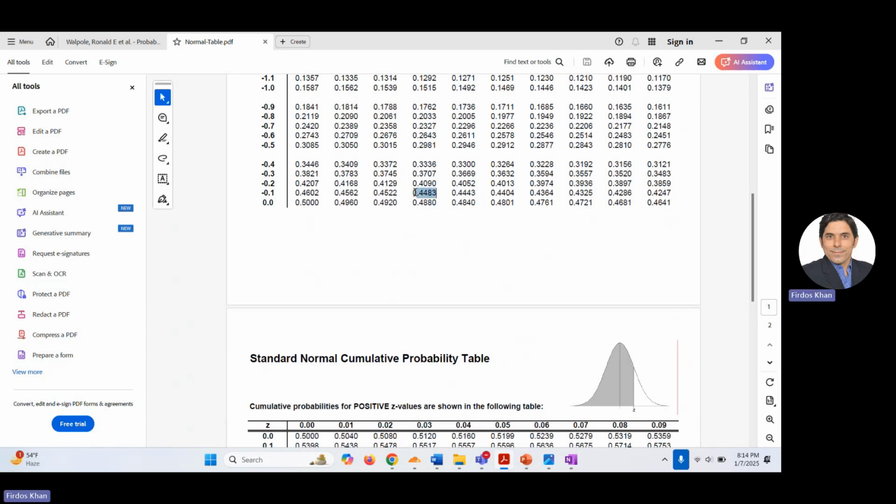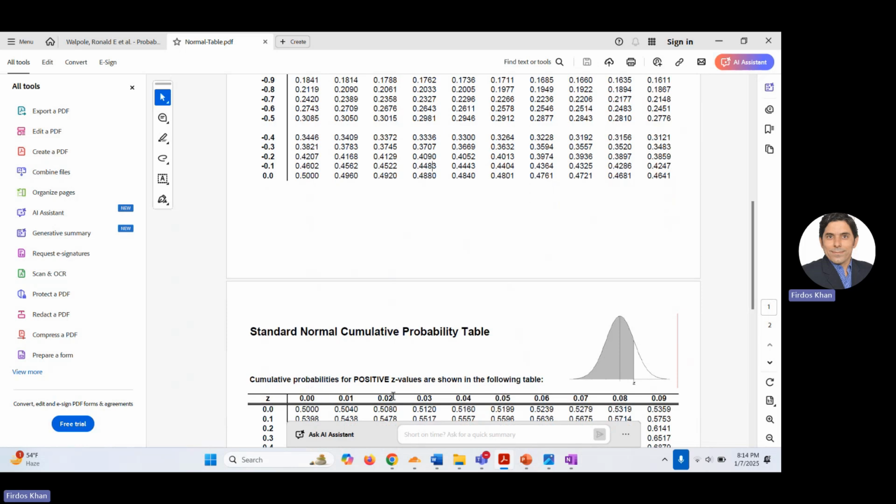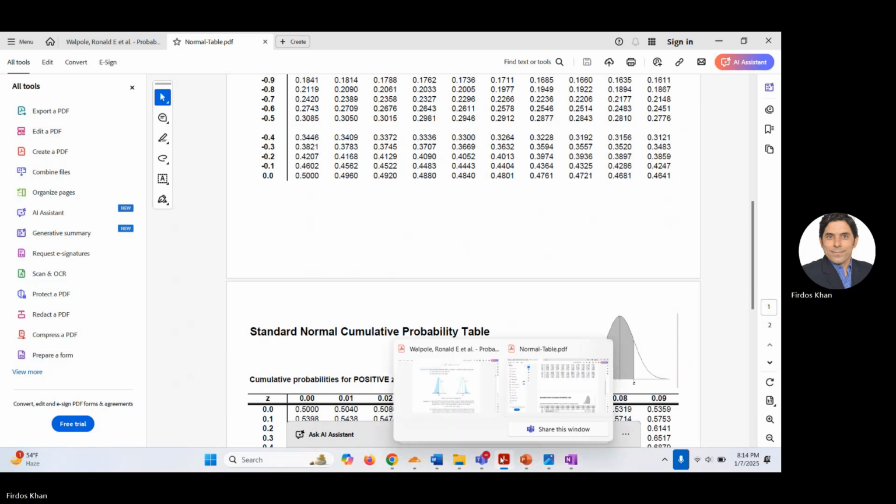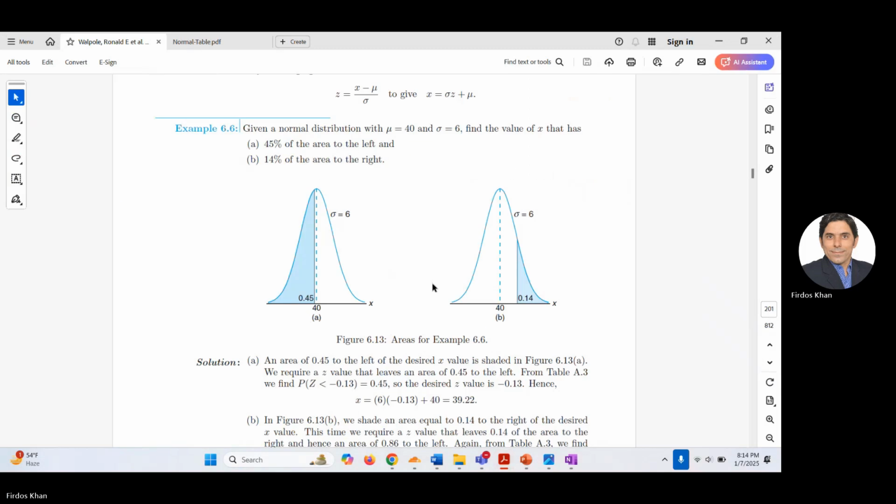These two values are close: this is 0.4522 and this is 0.4483, and this value is closer. Looking at the row and columns, 0.00, 0.01, 0.02 and 0.03, this can be minus 0.13. Now let's see how they have solved this. Yes, this value is minus 0.13.